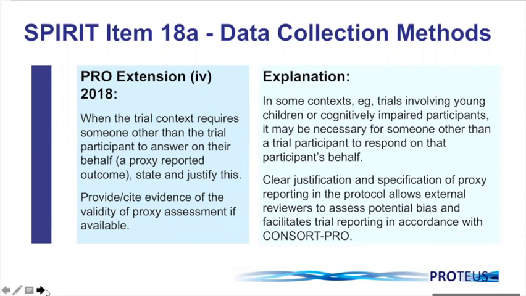So this is particularly important in some contexts, for example, trials involving young children or cognitively impaired participants, as it may be necessary for someone other than a trial participant to respond on that participant's behalf. Clearly justifying and specifying the proxy reporting in the protocol will allow external reviewers to assess potential bias and facilitate trial reporting in accordance with Consort Pro.